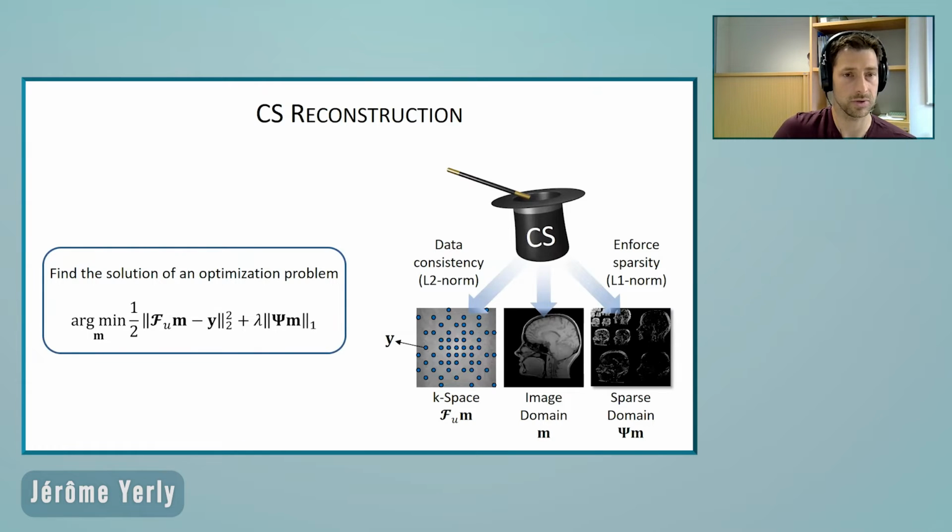So I've shown an example of a wavelet decomposition. Now, the main idea of compressed sensing is to reconstruct an image M here that will be consistent with the data we've acquired in K-space. But because we undersample the data in K-space, there are an infinite number of images that are consistent with this acquired data. And among all these possible solutions, compressed sensing will find the image that has the most sparse representation in the wavelet domain.